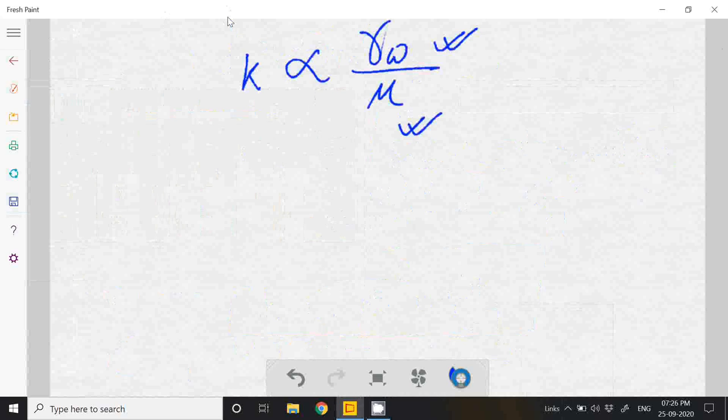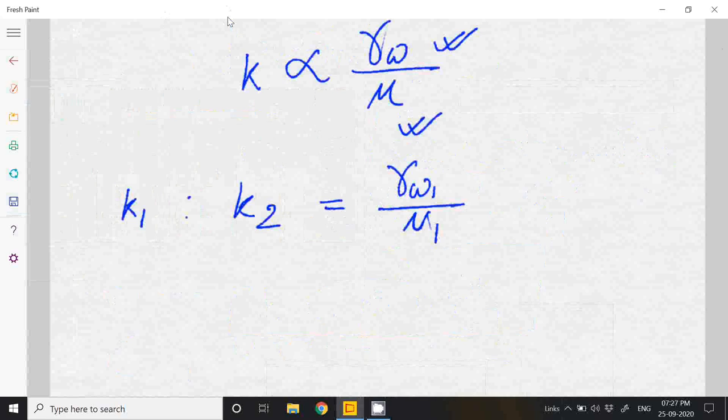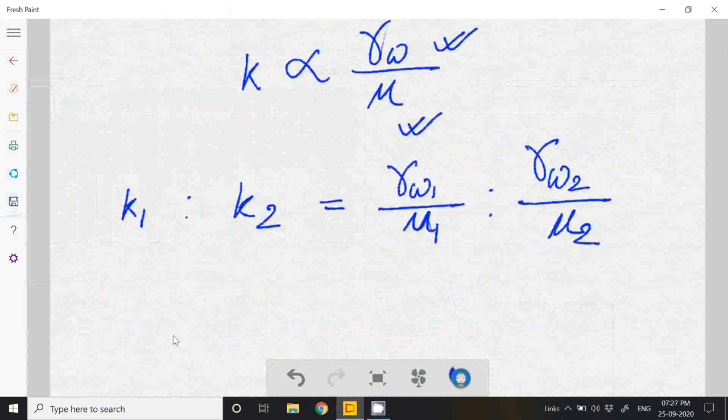So if two soils are there having permeability K1 and K2, then we can write K1 is to K2 is equal to the ratio like this. You can write it down.